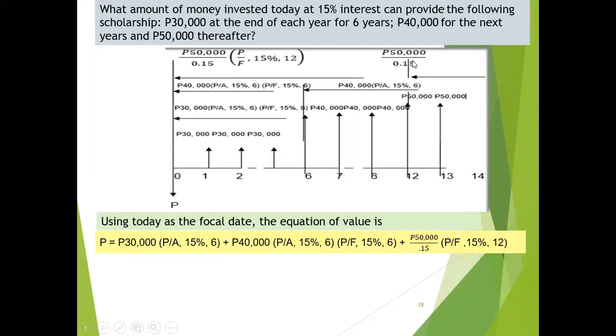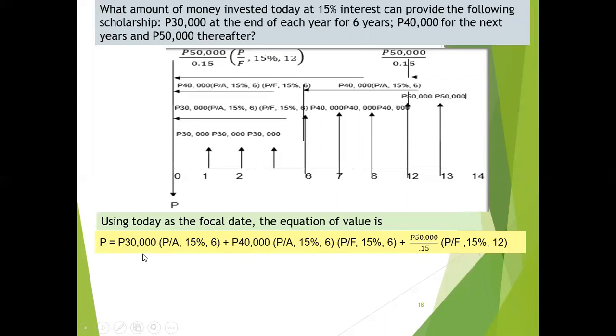The present value of your 50,000 thereafter, or your perpetuity, is P over I. Then, in order to determine the present value of your perpetuity, we use the simple compound formula: given the values of F, N, and I, we can solve the value of P. So the present value of your 50,000 perpetuity is 50,000 over 0.15 times P over F, 15%, and 12, where the number of periods is 12.